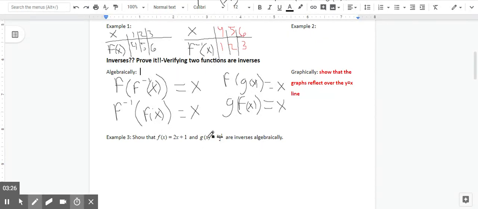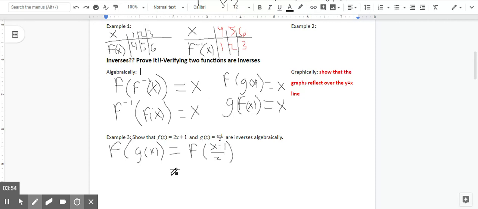So let's do this example down here. Show that f of x and g of x are inverses algebraically. So we're going to use this method. First we find f of g of x. What that means is we take the f function and we plug in whatever g is. In this case, g happens to be x minus 1 over 2.